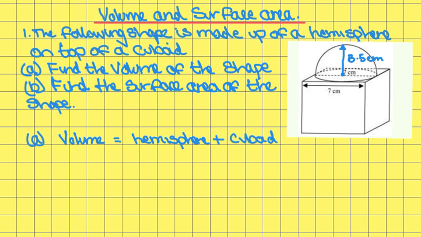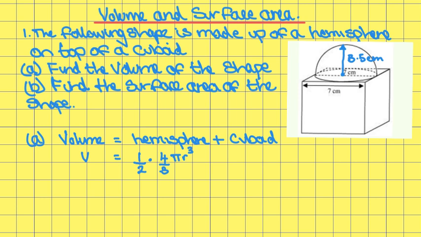If we look in 3.1 for the volume of a sphere, the volume of a sphere is 4/3 pi r cubed, so a hemisphere is a half times 4/3 pi r cubed.